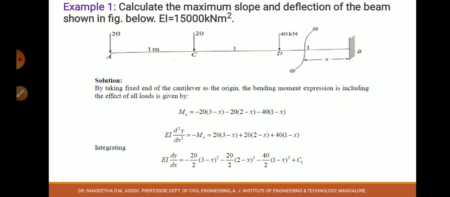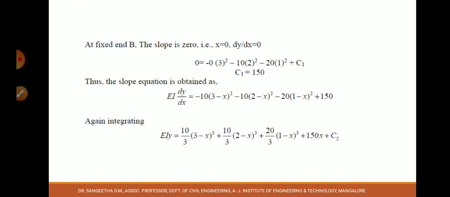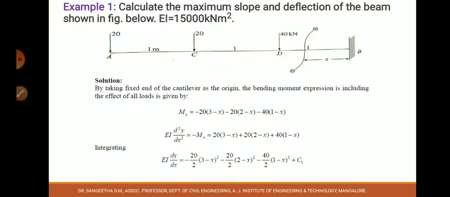Here AB has spans AC, CD and DB. In the span DB, after load D there is nothing, so you consider a section. So 20 into total distance 3, that is 3 minus x; I am taking moment about the section. Next, minus because it is anti-clockwise, minus 20 into 2 minus x, minus 40 into 1 minus x.